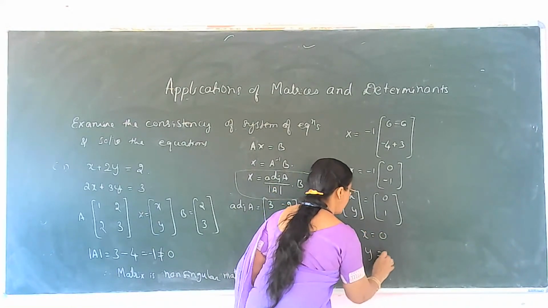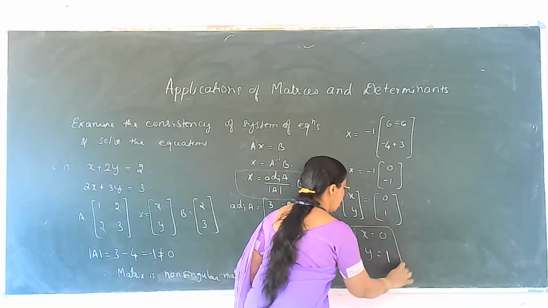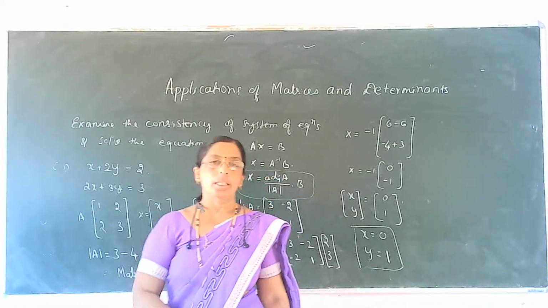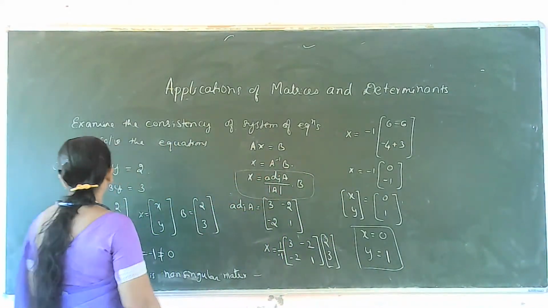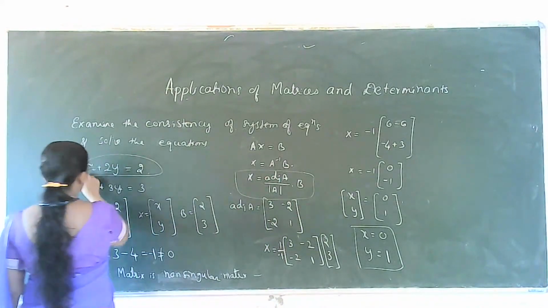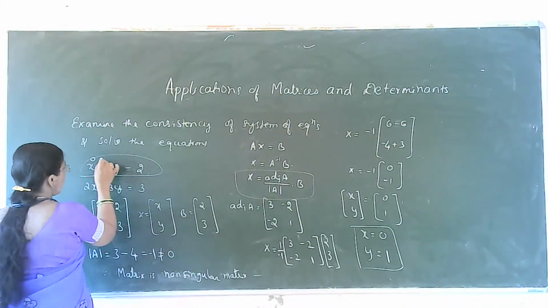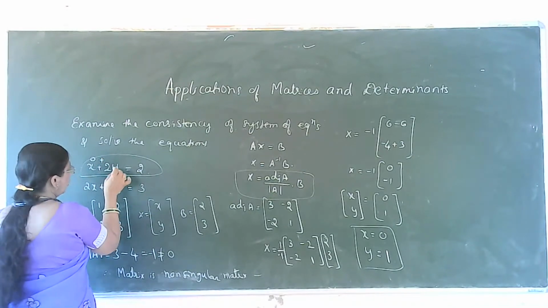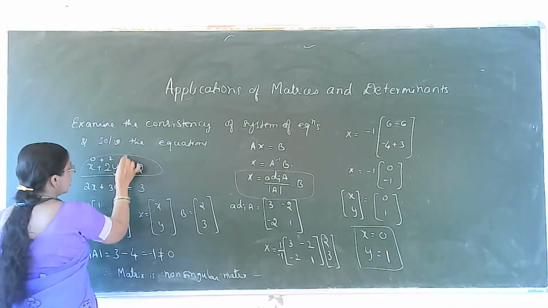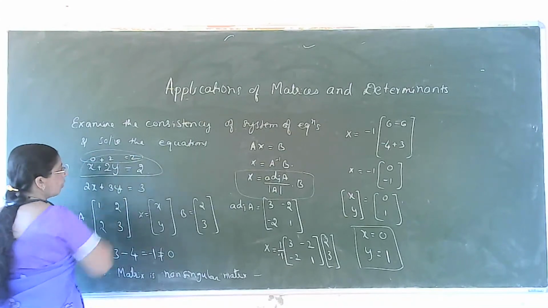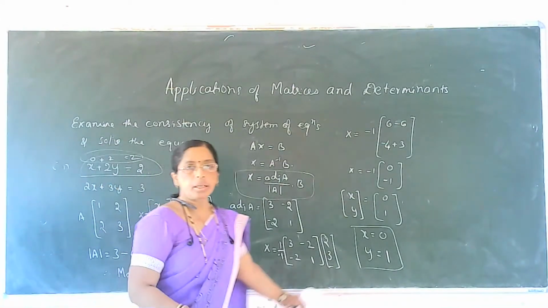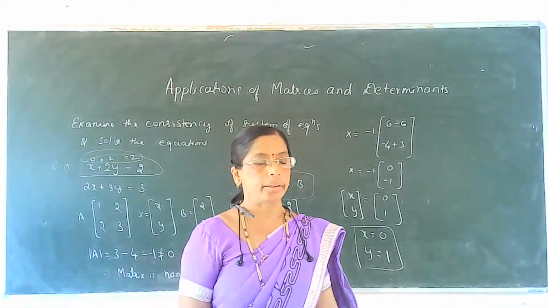X equal to 0, Y is equal to 1. These are the solutions of this system. You can verify in the equation also: putting the values, 0 plus 2 into 1, 2 is equal to 2. We satisfy this equation also. Therefore, the solutions are correct.